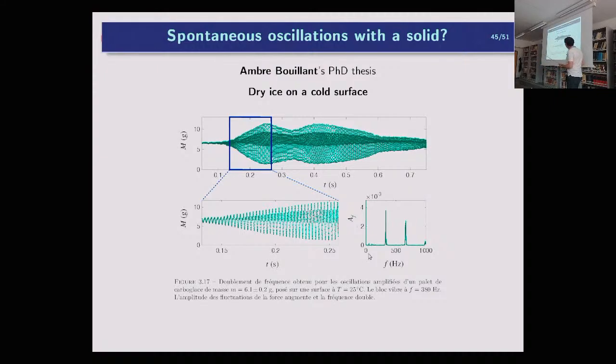You take dry ice, which is at minus, I don't remember the temperature, but maybe minus 80 degrees, and you put this on a solid surface at ambient temperature. And what you are going to observe is spontaneous vertical oscillations of the solid dry ice. And this is not understood either.